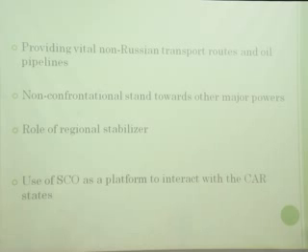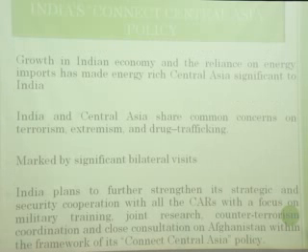It used Shanghai 5 to solve the major border disputes which it had with Russia and also Central Asia. And after it was solved, in 2001 when the Shanghai Cooperation Organization was formed, it was shaped according to the strategic needs of China at this point of time to deal with the so-called three evils of separatism, extremism, and terrorism. So China uses the SCO as a platform to interact with the Central Asian states.